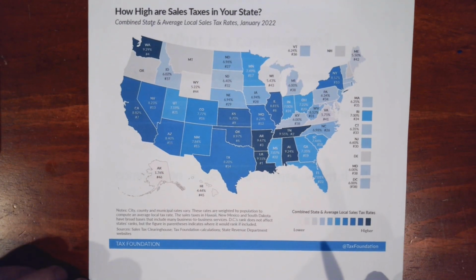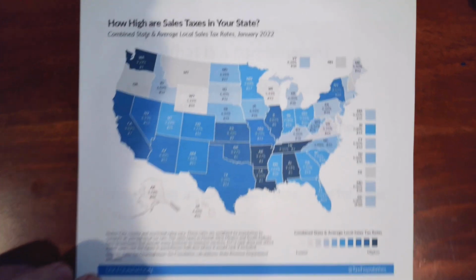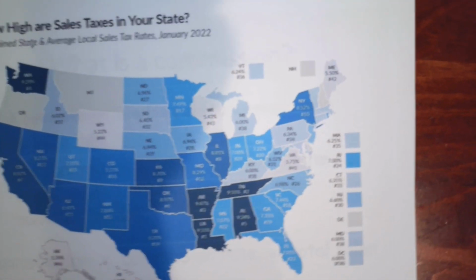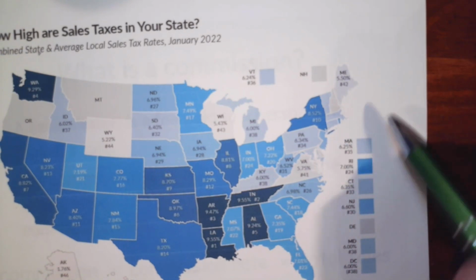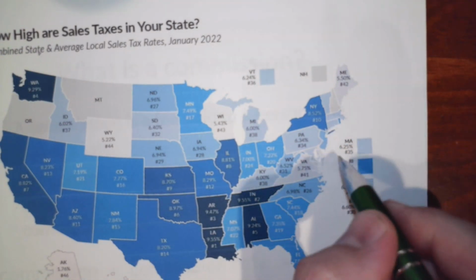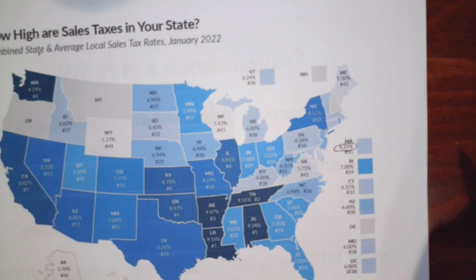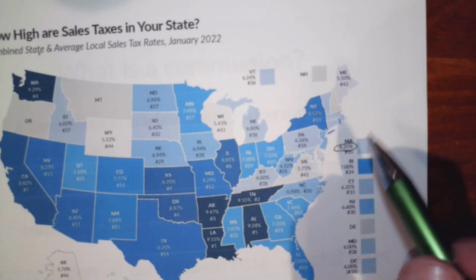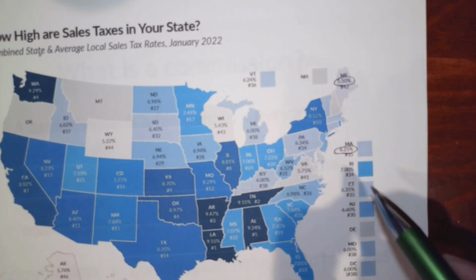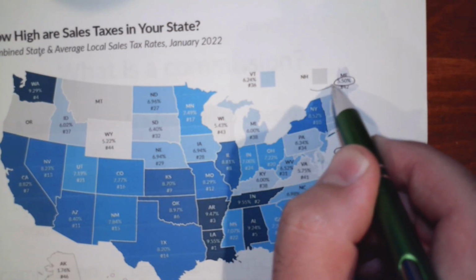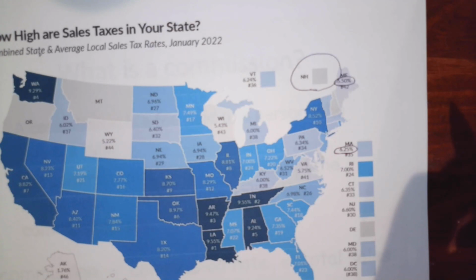for their sales tax. So if I zoom in here to New England, Massachusetts sales tax is 6.25%. Maine is 5.5%. You'll notice New Hampshire doesn't have a percent. That's because they don't have a sales tax.